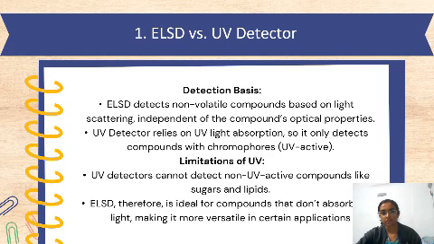Its limitation is that the UV detector cannot detect non-UV active compounds like sugar and lipids. ELSD therefore is ideal for compounds that do not absorb light, making it more versatile in certain applications.